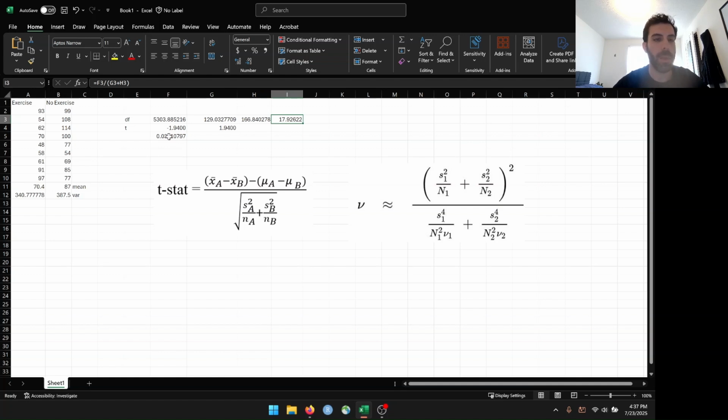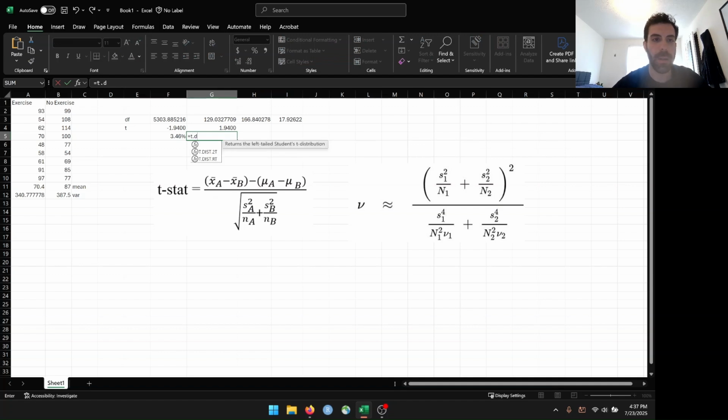So let me go ahead and plug that into my distribution instead of 18. It's not going to change a lot because it's pretty much 18. And I get a p-value of, let's make it a percent so it's easier to read. Throw some decimals on there. 3.46. And I should get the same thing if I do the t-distribution function here. Just note I need to do right-tailed because I want more extreme than 1.94, which would be to the right.